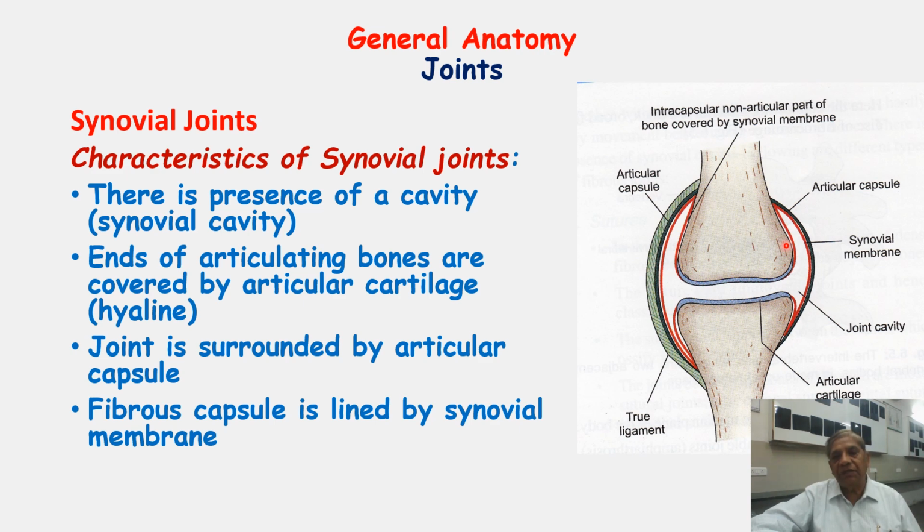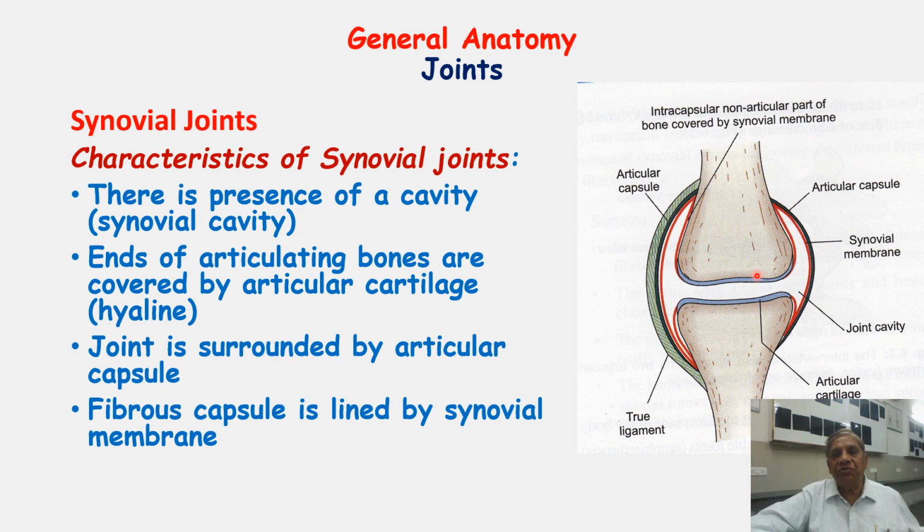So that is the first characteristic of a synovial joint. To classify it as a synovial joint, there should be a synovial cavity, or articular cavity as it is also called.